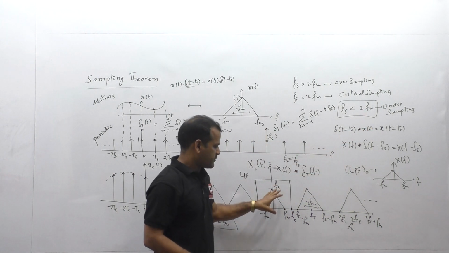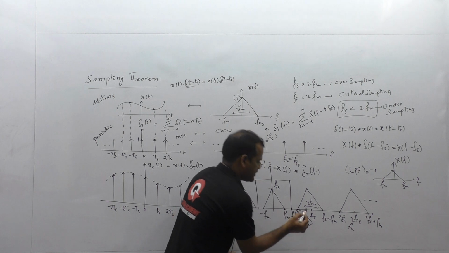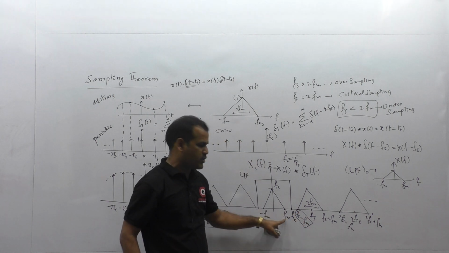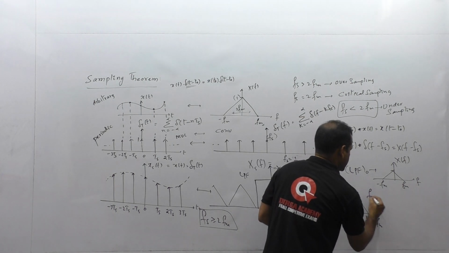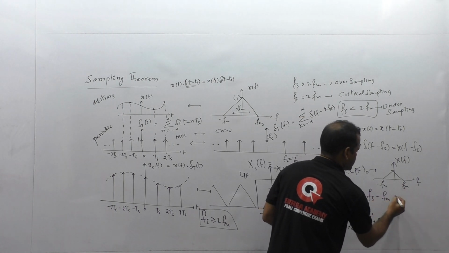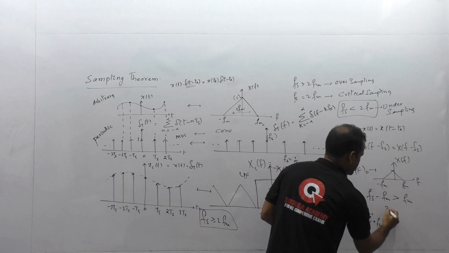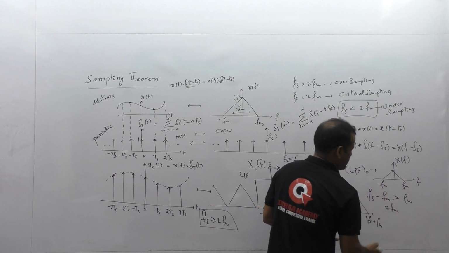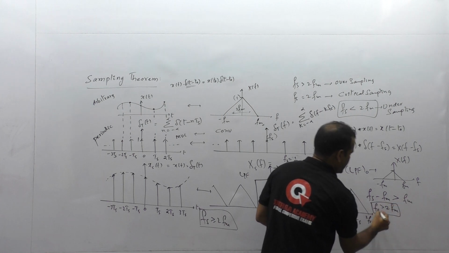If you observe this graph, here the Fs minus Fm component is plotted beyond Fm, right? Here Fs minus Fm is considered greater than Fm. That means, if we take Fm on that side, 2Fm on that side, and Fs on this side, Fs is greater than 2Fm.